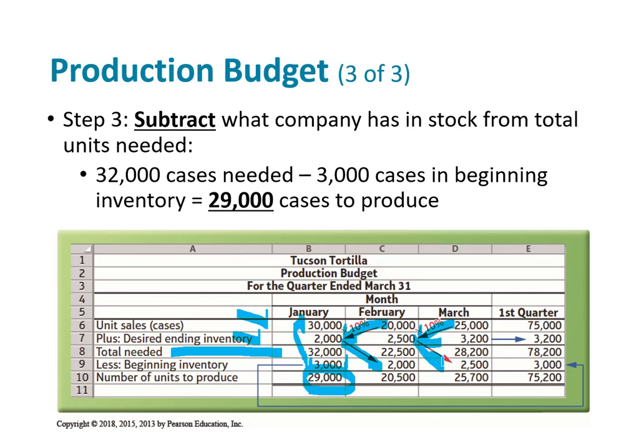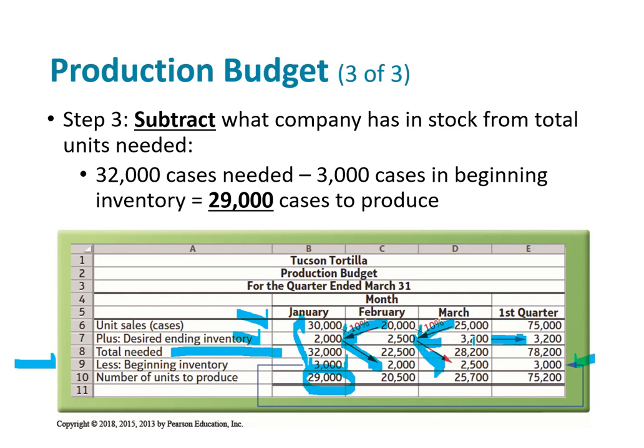You can see again, there's a pattern that forms until you get to the quarter part of it. And the quarter of the desired ending inventory you just carry over. And then this beginning inventory here, it comes from the first month beginning inventory.